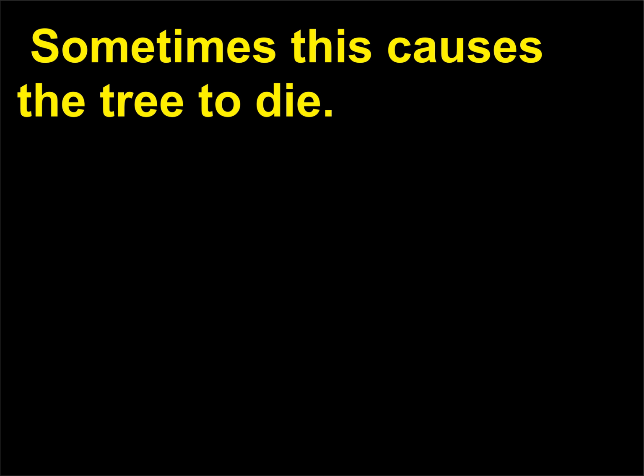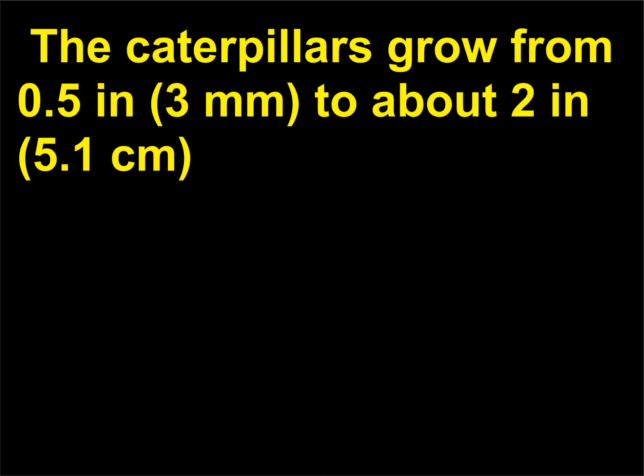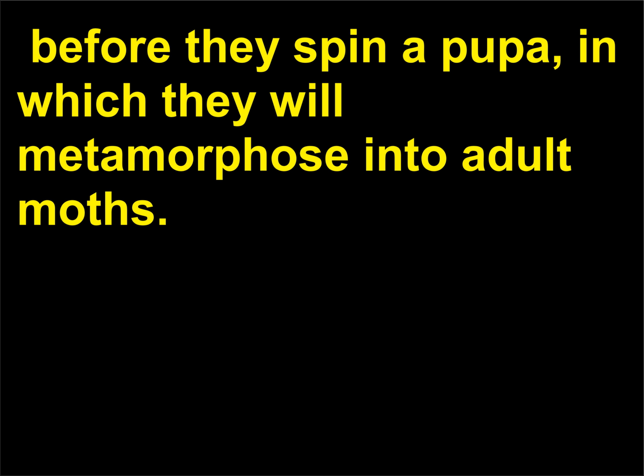Sometimes this causes the tree to die. The caterpillars grow from 0.5 in, 3 mm, to about 2 in, 5.1 cm, before they spin a pupa, in which they will metamorphose into adult moths.